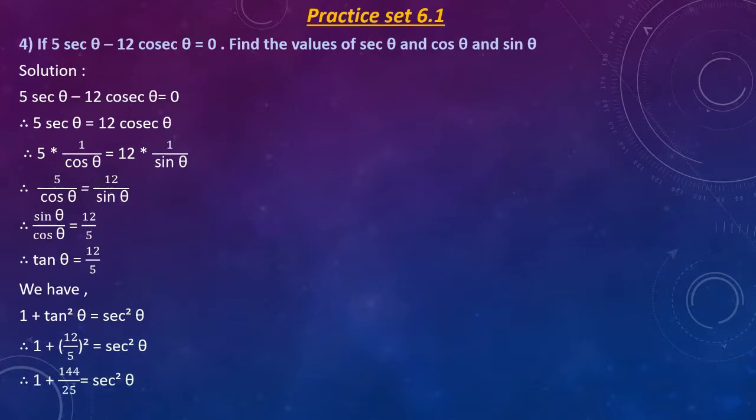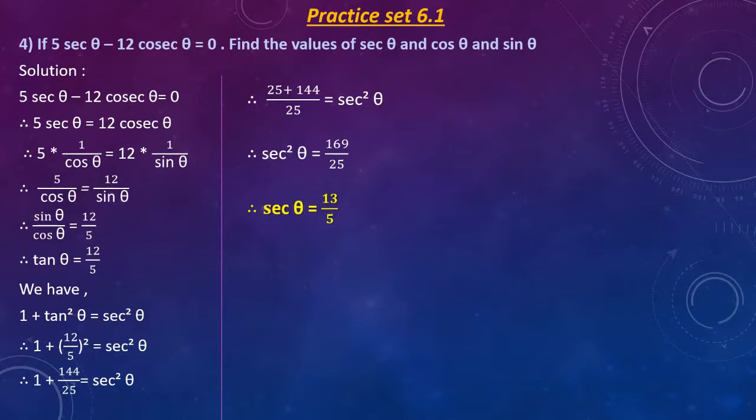Therefore 1 plus 12 square is 144 and 5 square is 25, which is equal to sec square theta. By taking LCM we get (25 plus 144) upon 25 is equal to sec square theta. Adding the numerator part, we get sec square theta is 169 upon 25. Now by taking square root on both sides, we get sec theta is equal to 13 upon 5.